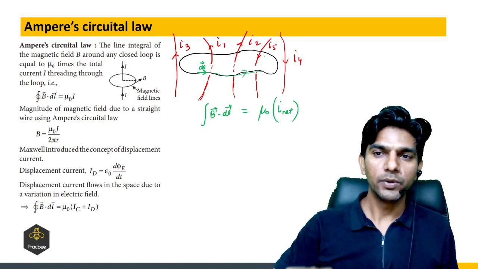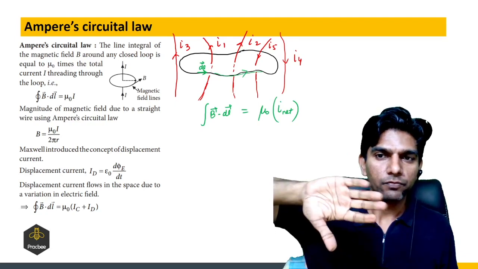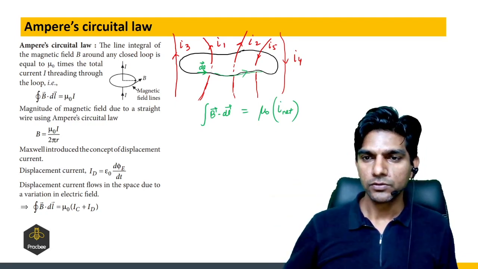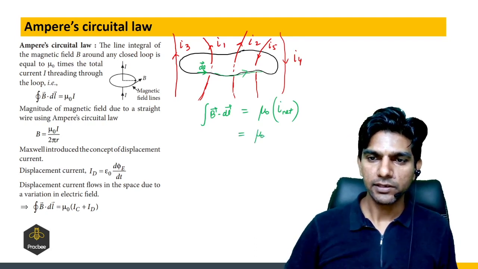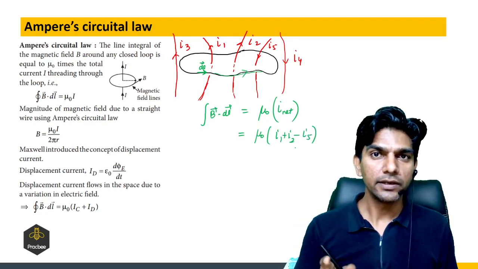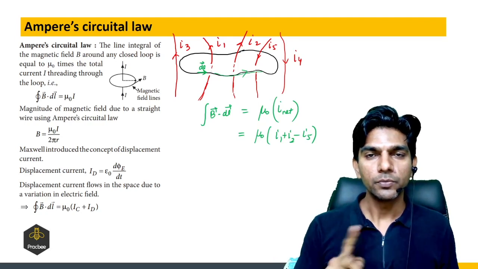With I5, if I keep my thumb in the direction of I5, the fingers curl the other way, so we should take it as negative. So the right hand side can be written as mu naught times I1 plus I2 minus I5, and we should only take the currents which are piercing the loop, not the currents which are not piercing.